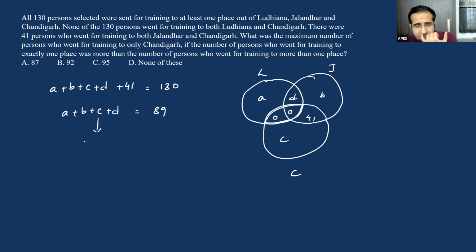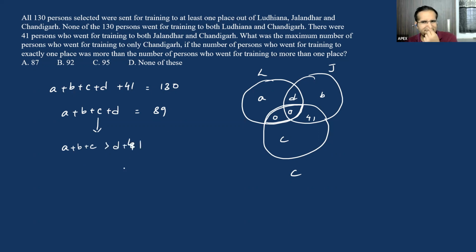If the number of persons who went for exactly one place is more than the number of people who went to exactly more than one place. So if I'm looking at it that way, I also have one more condition with me that A plus B plus C is greater than D plus 80 or D plus 41.